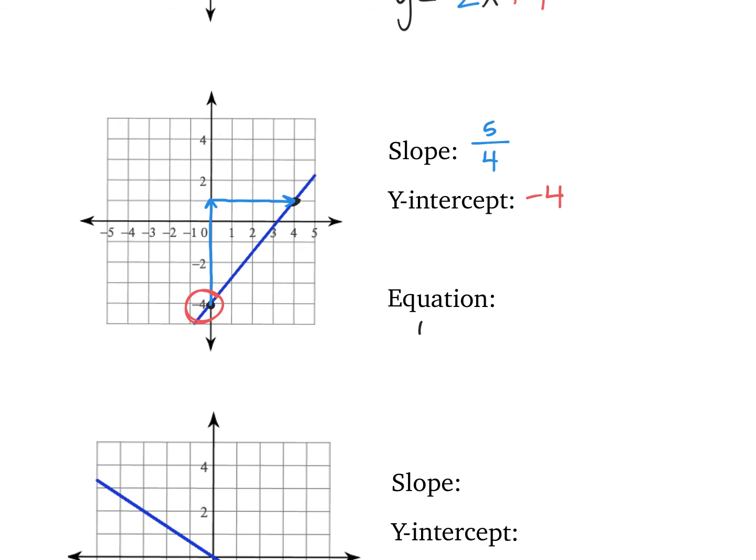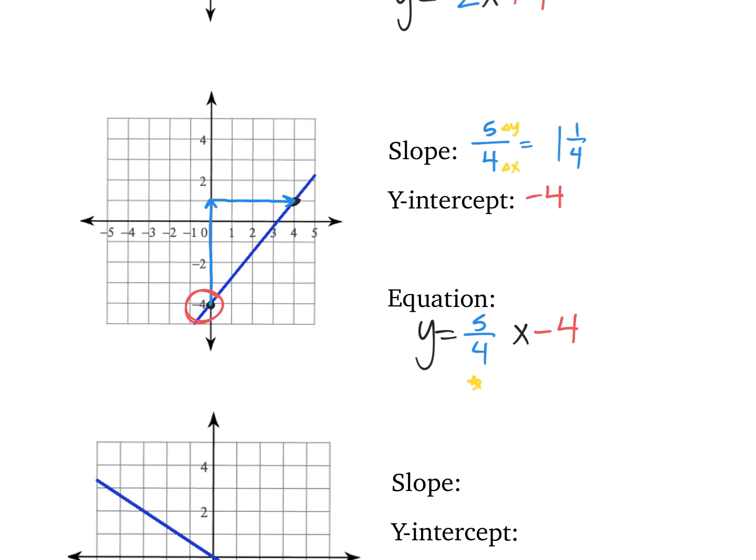So my equation would be y equals 5/4 x, and this time it's going to be minus 4 since it was negative. Now, maybe you're thinking, is there any benefit to changing this to its mixed number? You'll hear different people say different things. I actually prefer this way just because it gives you directly that change in y and change in x. So I prefer an improper fraction, but they're both mathematically equivalent.